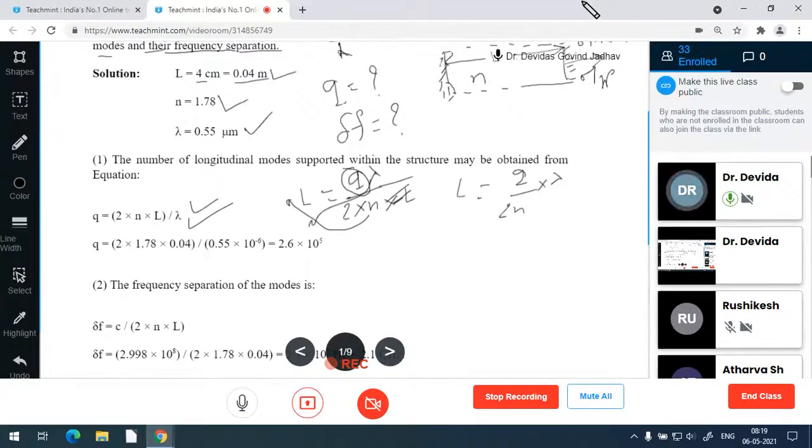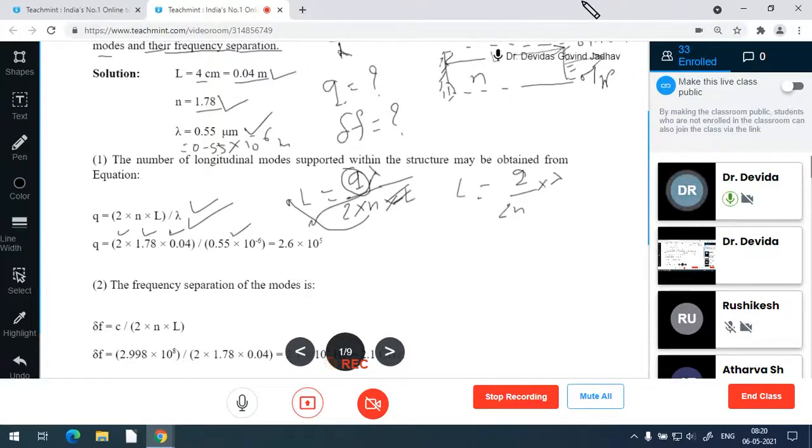If you substitute this, Q equal to 2 multiplied by N, which is given as 1.78, L in meters 0.04, and lambda in meters: 0.55 micrometers means 0.55 into 10 raised to minus 6 meters.